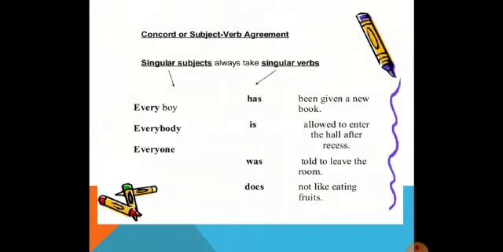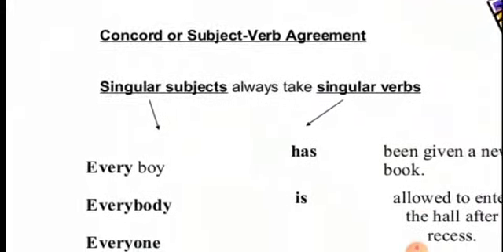Now, you have some tricky things. Like what? When I say the indefinite pronouns every, or everybody, or everyone, this is called a singular subject. Why? Because when I say every or each, it means that it's only one that I'm talking about.